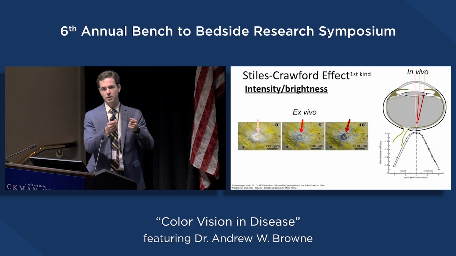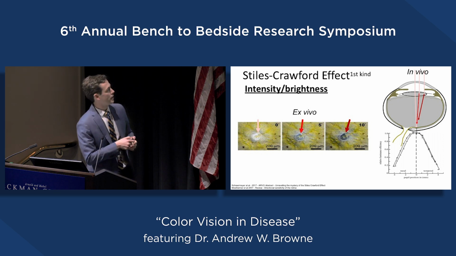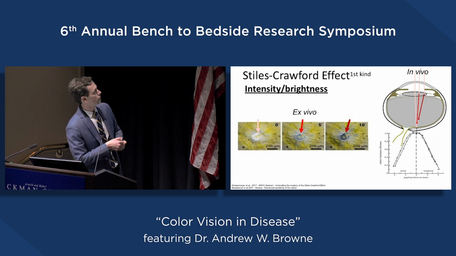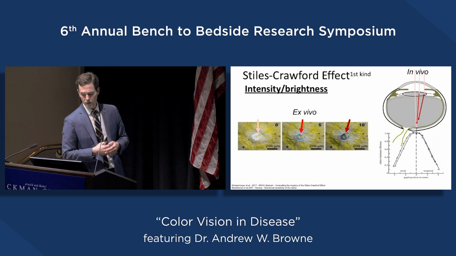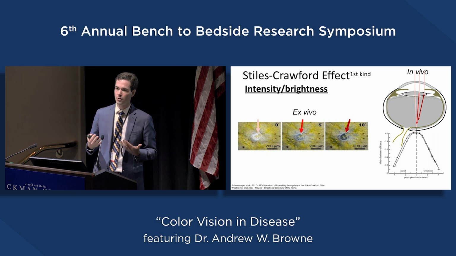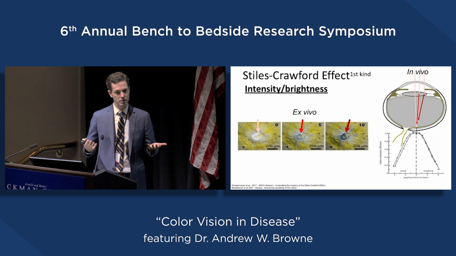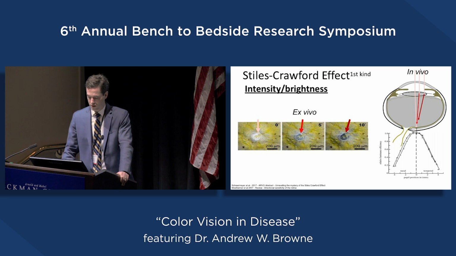If you take a piece of retina out of a cadaver eye and shine light on it, the amount of light that comes through the fovea differs depending on the angle of illumination. If it's perpendicular, all the light comes through. If it's at a 5-degree or 10-degree angle, less light comes through. So there's a very important fiber optic process of guiding light from the inner retina to the photoreceptors, and that could possibly explain some of the color vision changes that we see.